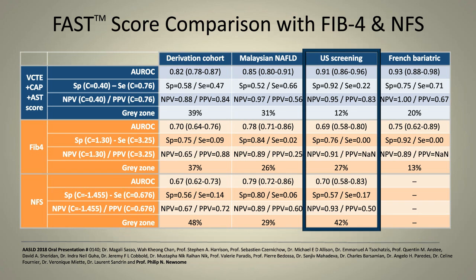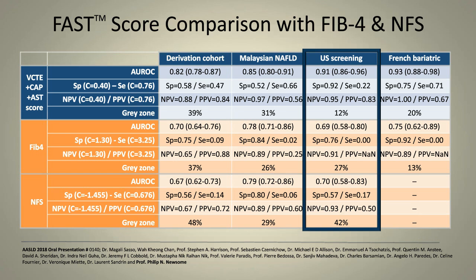And about 12% of people using FAST fell into that. Comparatively, FIB-4 had an ROC of 0.69, and about 27% of people were in the indeterminate zone. With the NAFLD fibrosis score, about 42% of people were in the indeterminate zone, and the ROC was 0.7. So I think it compared very, very favorably to these two other algorithms.